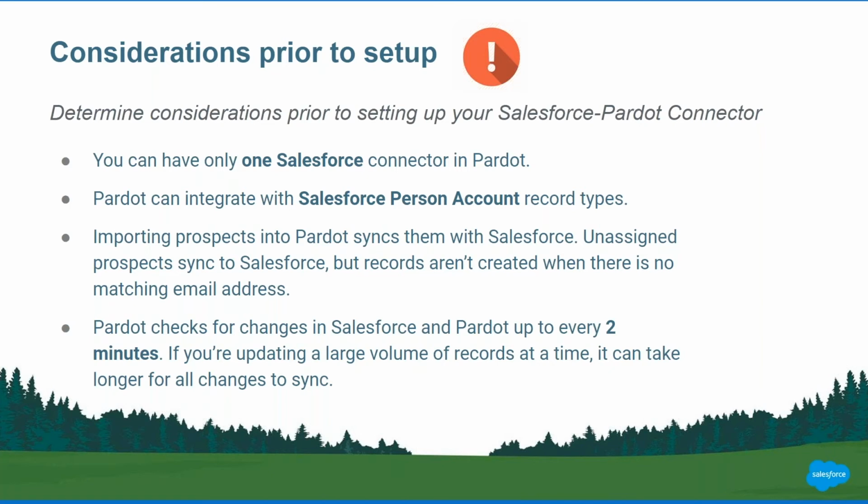And lastly, there are other things you can consider, but these are just some of the most important ones. Pardot checks for changes in Salesforce up to every 2 minutes, as I mentioned, but a large volume of records at a time can affect how the sync happens.